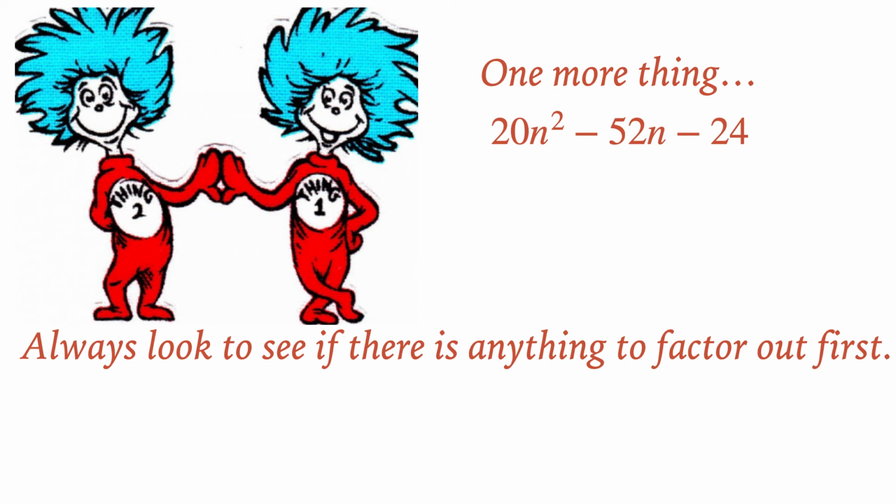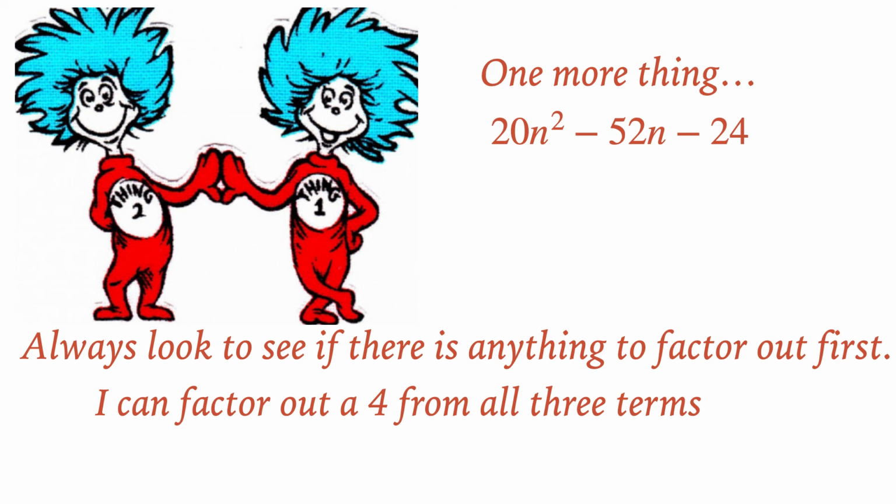We have to always look to see if there's anything I should factor out first. And I'm looking at 20n squared minus 52n and minus 24, and I notice right away that there's a 2, but I also know my times tables pretty well, and I think that there is a 4 that can factor out of each one of those terms.